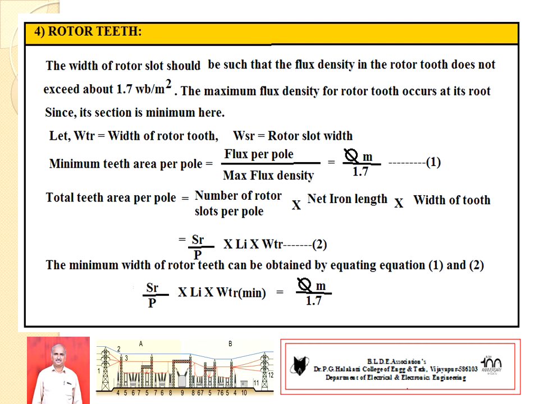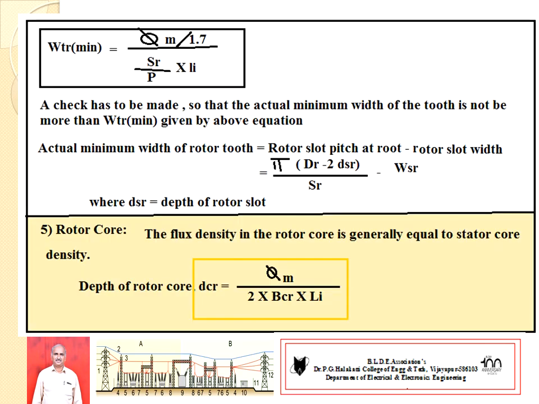The total teeth area per pole should be equal to the number of rotor slots per pole, net iron length, width of teeth. It gives equation 2. The minimum width of rotor teeth can be obtained by equating equation 1 and 2. Finally, the equation becomes phi m divided by 1.7 divided by SR divided by P into Li.